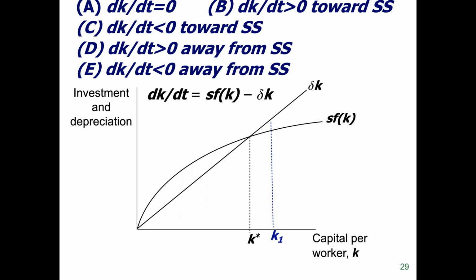Are we going to have dk/dt less than 0 and move towards the steady state? Are we going to have dk/dt greater than 0 and move away from the steady state? Or are we going to have dk/dt less than 0 and move away from the steady state? So stop your video and answer the question.